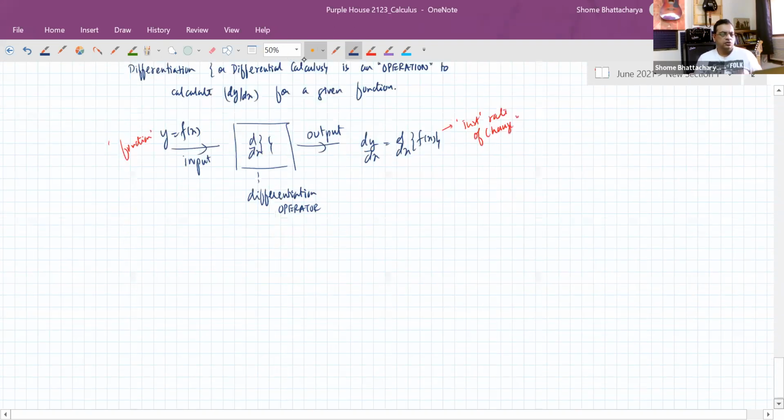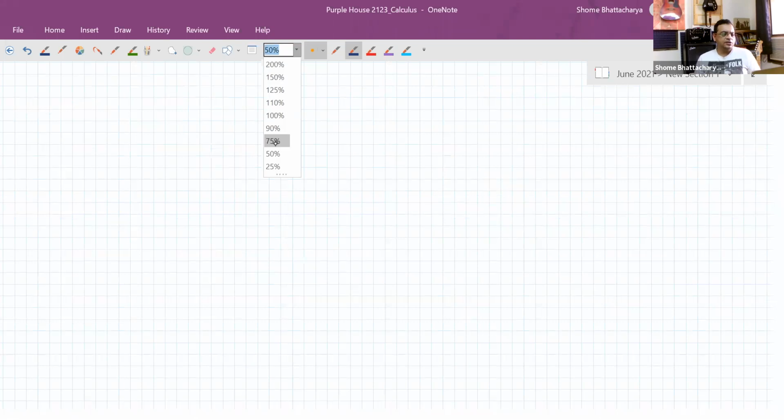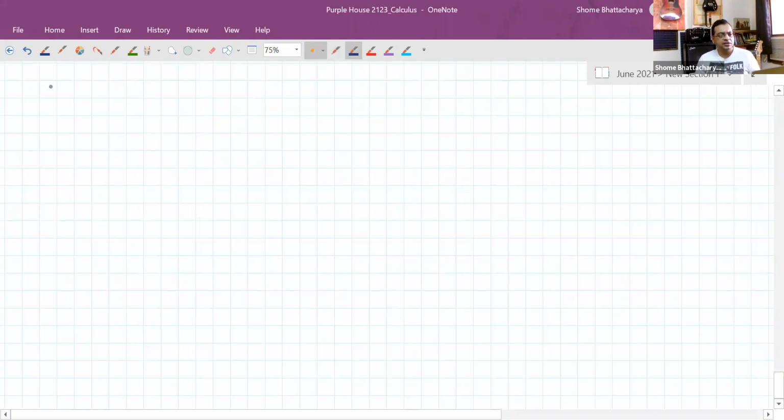Okay. So now let's see how the definition applies to a given function. Okay. So application of the definition of dy by dx for a given function.